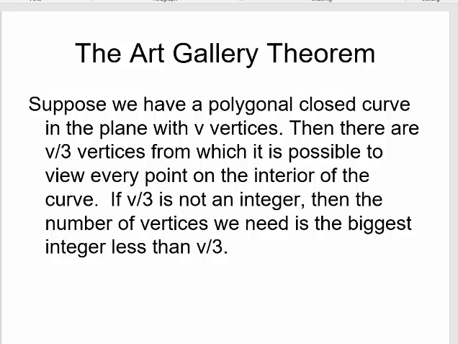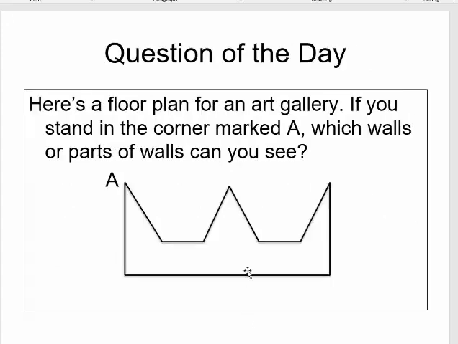So if you take 9 divided by 3, remember there are 9 corners, you could put 3 cameras in here to cover every corner. You could actually put a camera here, and a camera here, and by line of sight you could see everything.